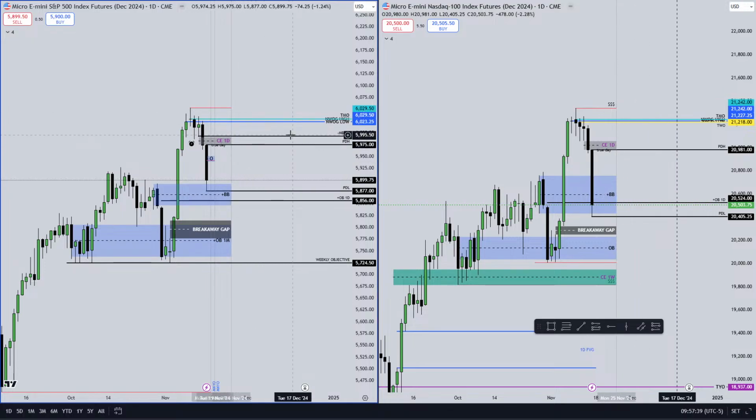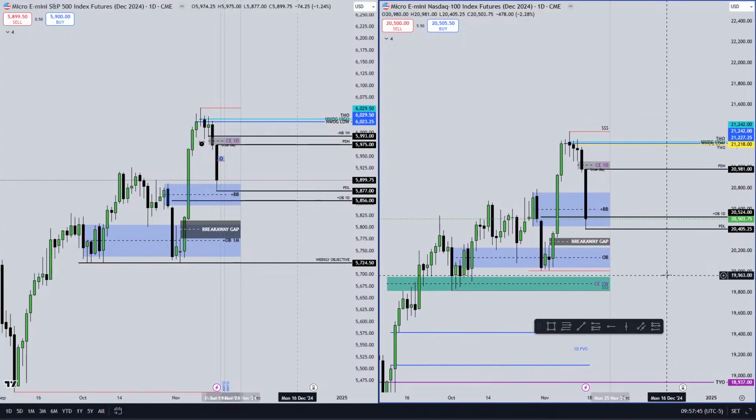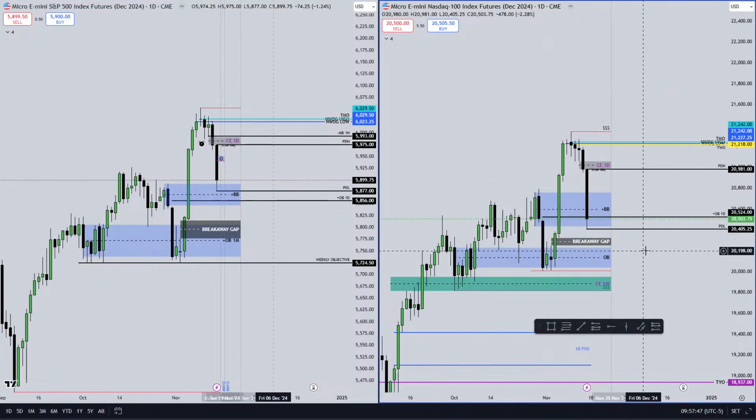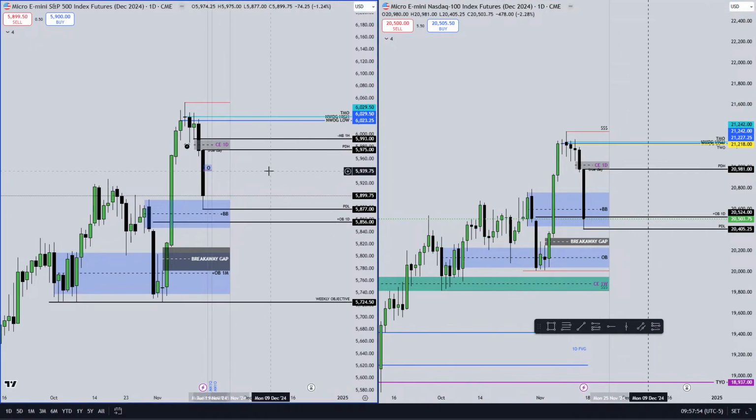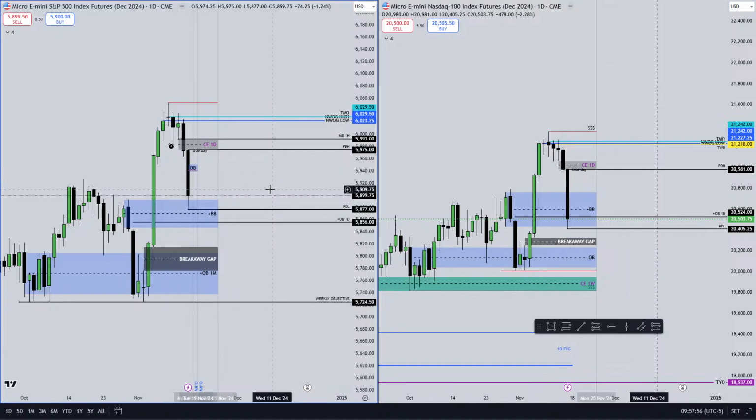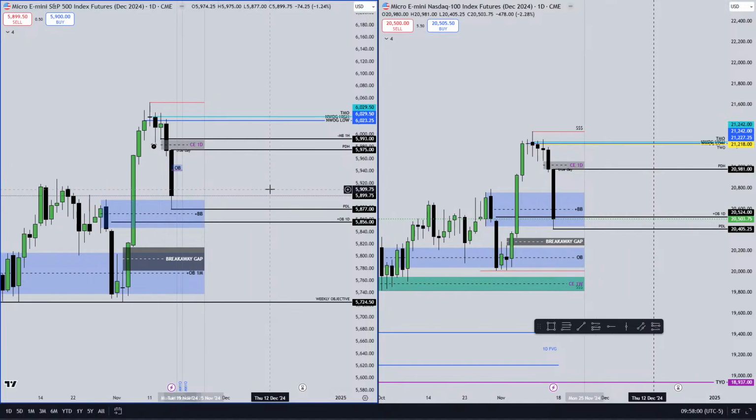In the same way, the dollar index is supposed to move lower, so look for an SMT somewhere once the week starts. But on Monday, please don't trade till 10 o'clock, or 9:45 minimum. Let the market open for 15 minutes.